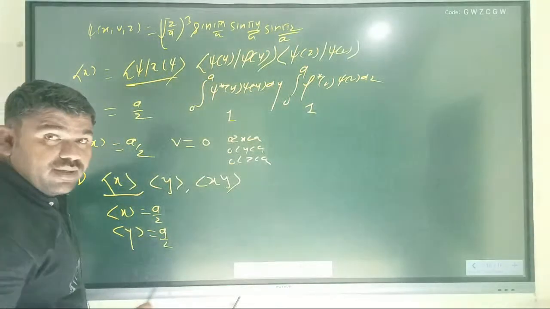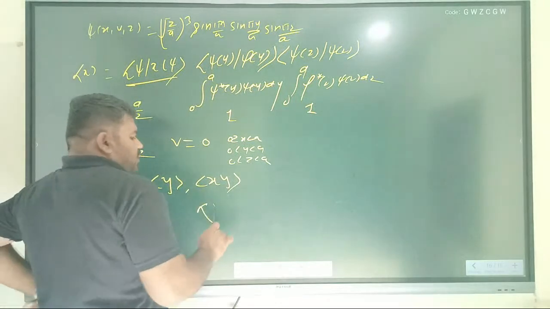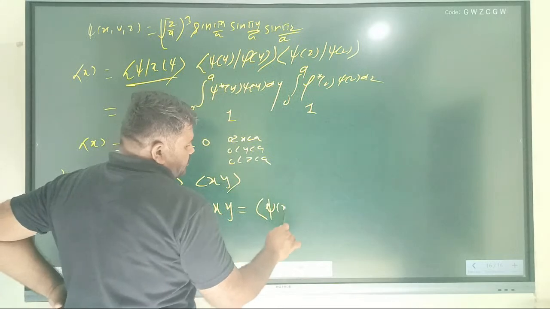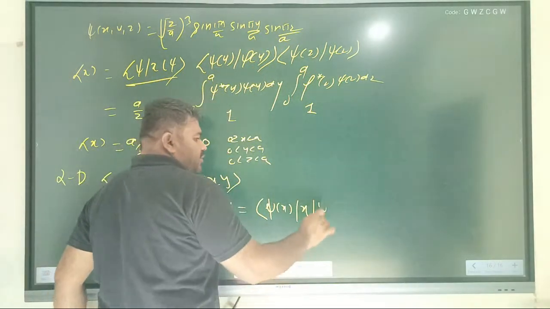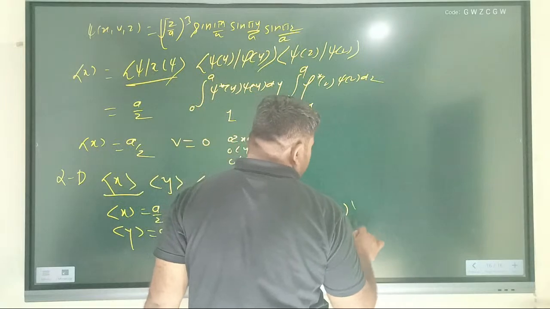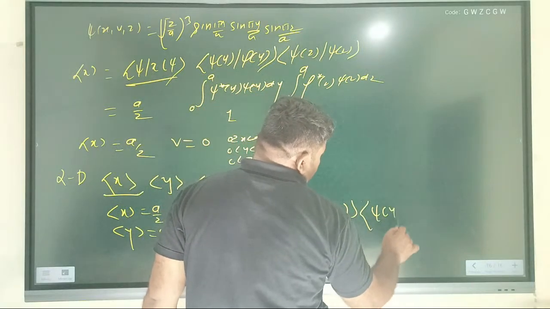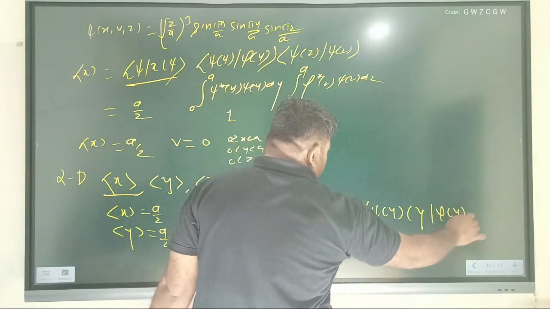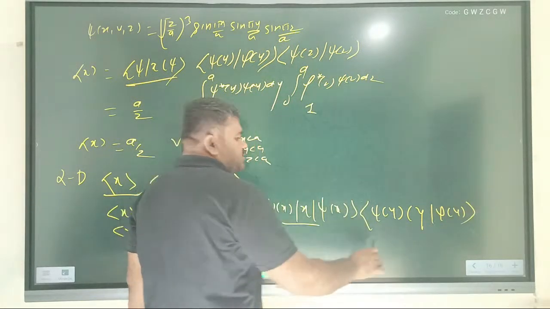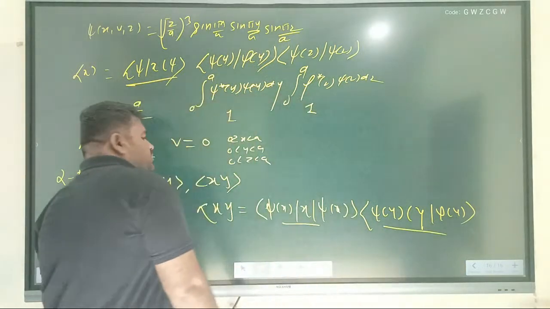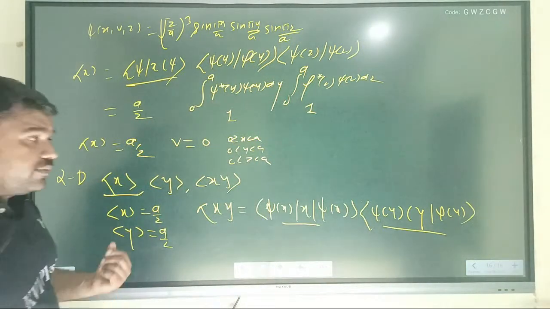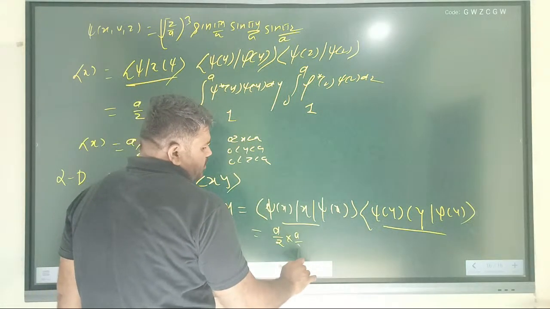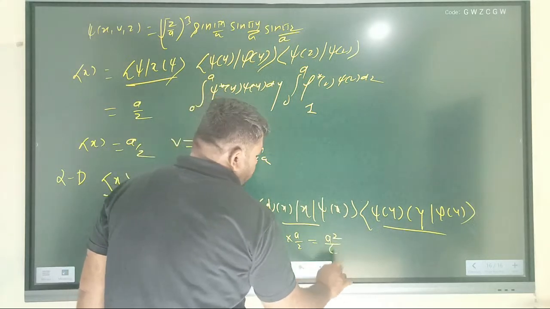When we take x and y together at the same time, it becomes psi of x, and the second part will be psi of y. This is nothing but the expectation of x, this is the expectation of y, and the expectation of x is a by 2 and the expectation of y is a by 2, meaning a by 2 into a by 2 is equal to a square upon 4.